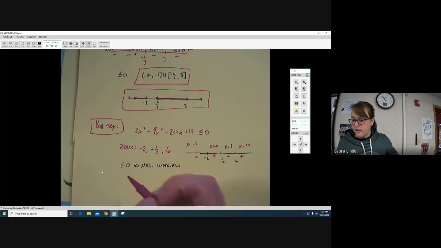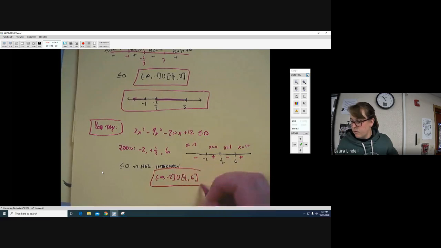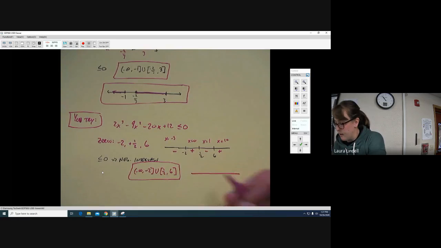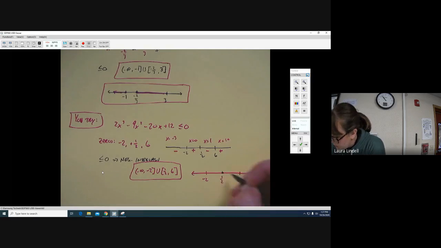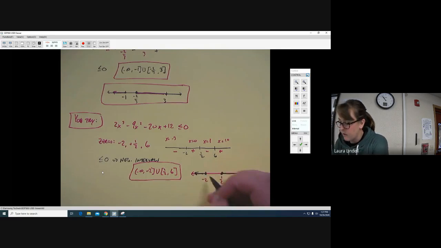Since we want the negative intervals and it's less than or equal to, we would pick -infinity to -2, inclusive, union with 1/2 to 6, inclusive. And then on the number line, closed dots on the 1/2 and on the 6, closed dot on the -2, and an arrow going left.